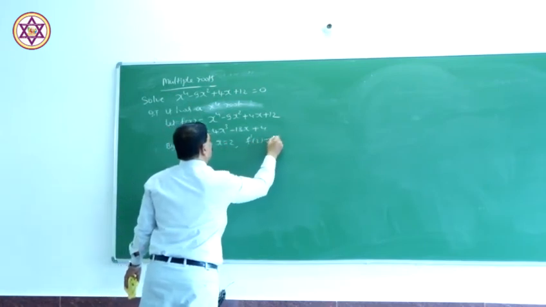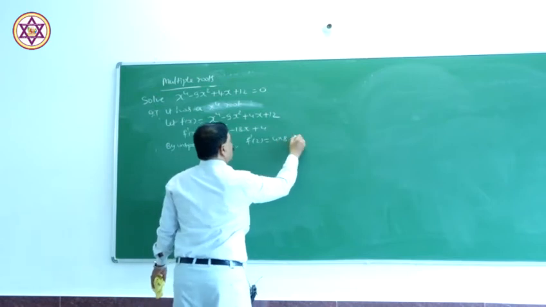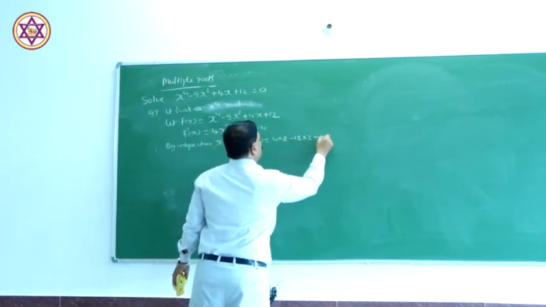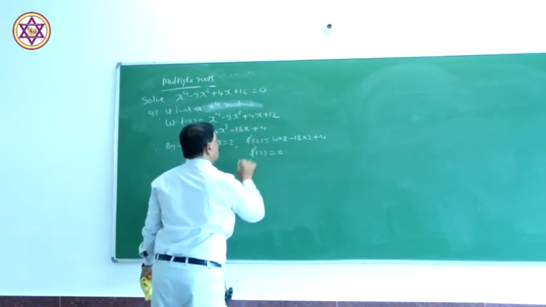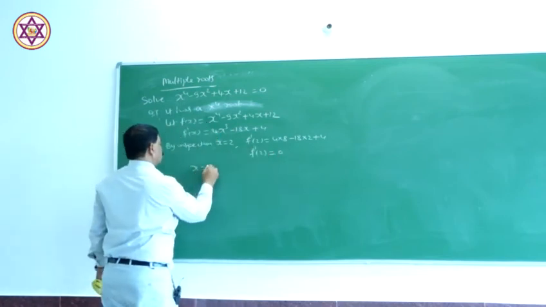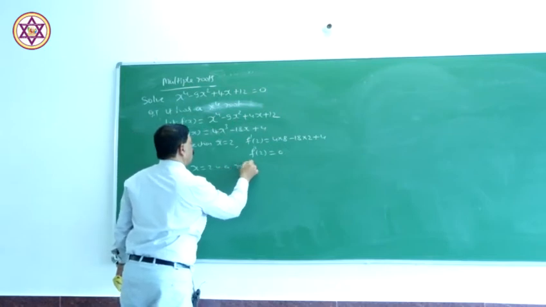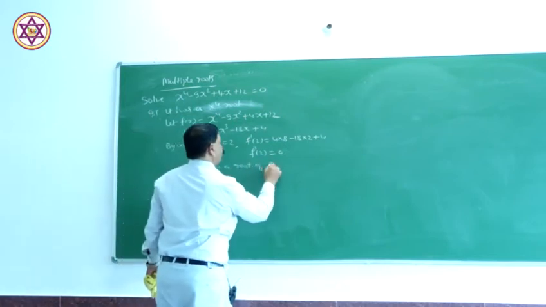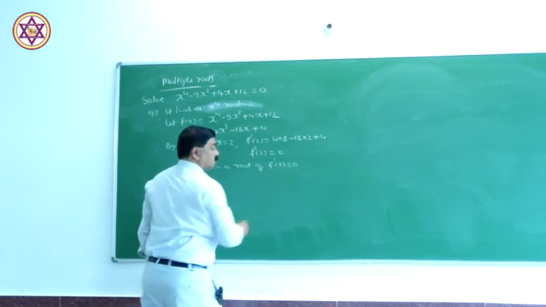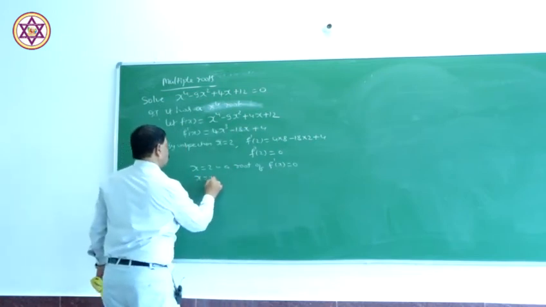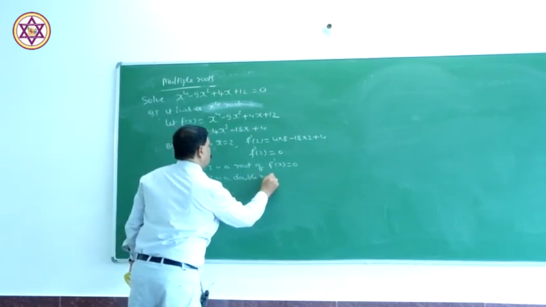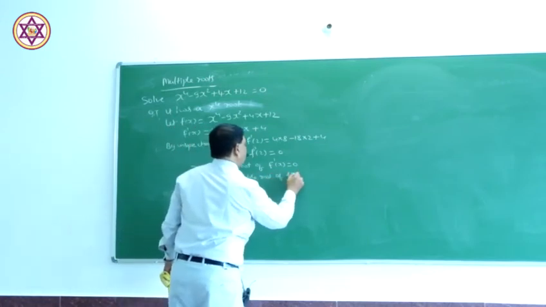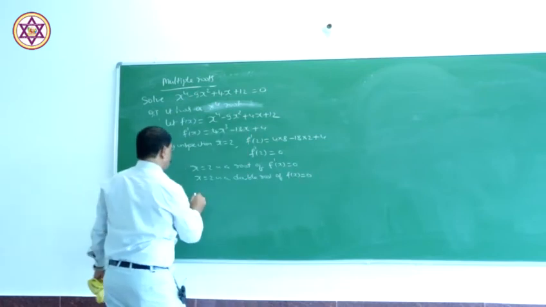So, f dash of 2 is 4 into 8, minus 18 into 2, plus 4. So, f dash of 2 is equal to 0. Therefore, x is equal to 2 is a root of f dash of x is equal to 0. x is equal to 2 is a double root of f of x is equal to 0.